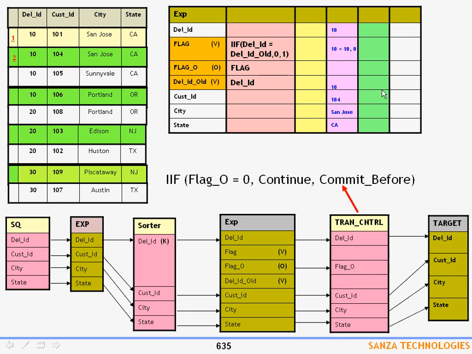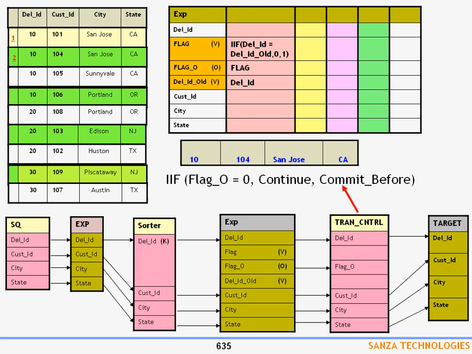Then again, the second variable port will be assigned 10, which means it updates that variable port internally. Now variable port flag contains 0 and dealership ID old contains 10 of the second record. Flag out is 0. If flag out is equal to 0, continue, else commit. So it will go and insert this record into the target table.